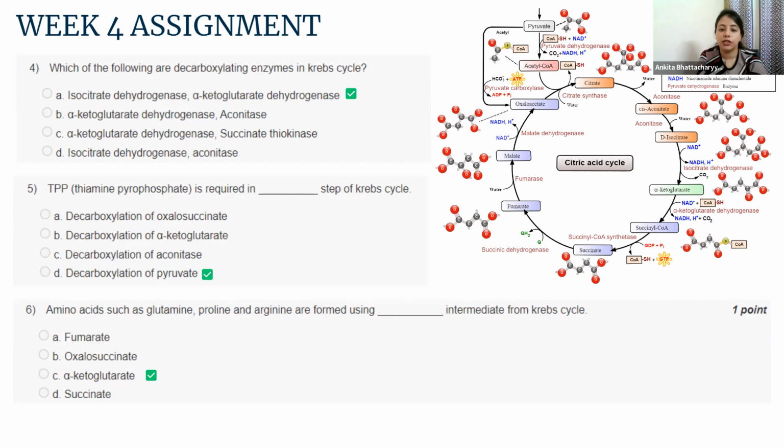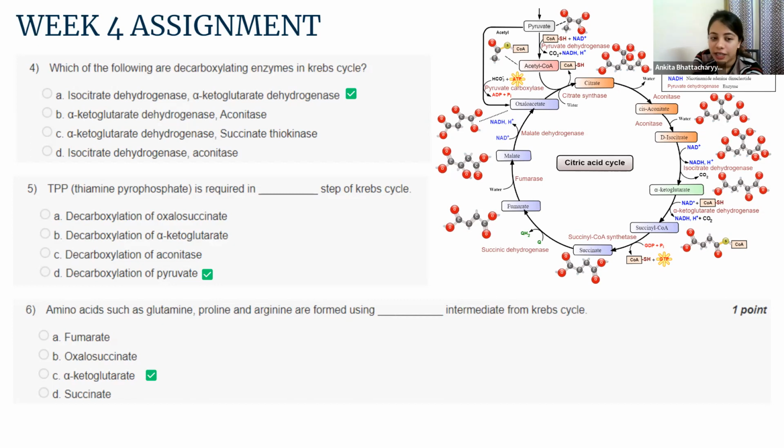Then we come to question 5, where unfortunately this representation does not show TPP, or thiamine pyrophosphate, which you can call a cofactor. We are asked which step of the Krebs cycle it is involved in.